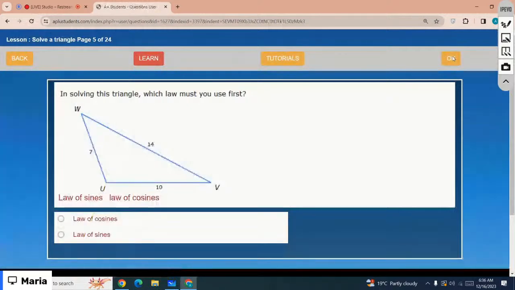Okay, in solving this triangle, which law must you use first? Which is the correct option?